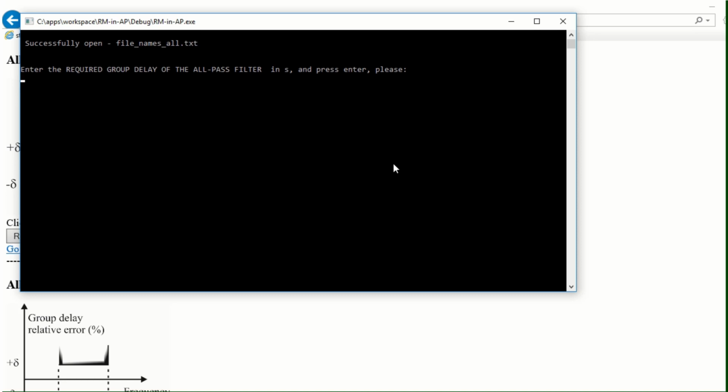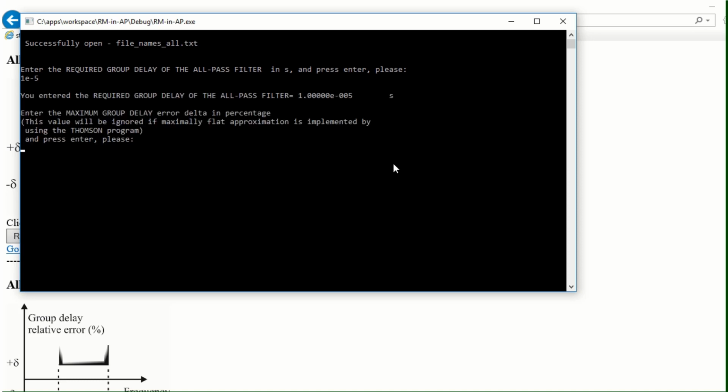So if we set the group delay, then we are setting the approximating interval. So we will put here 10 microseconds, and we will see what will happen.